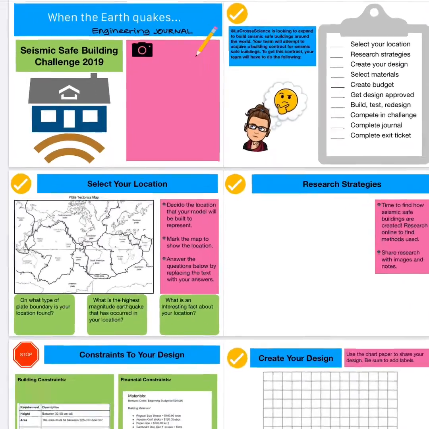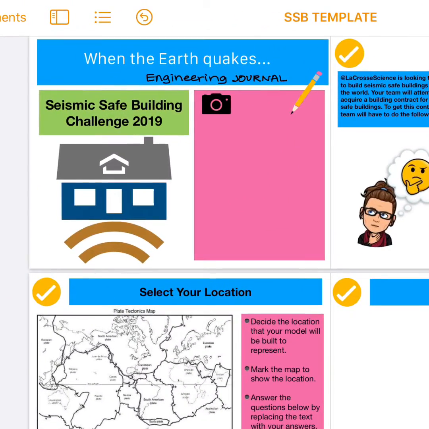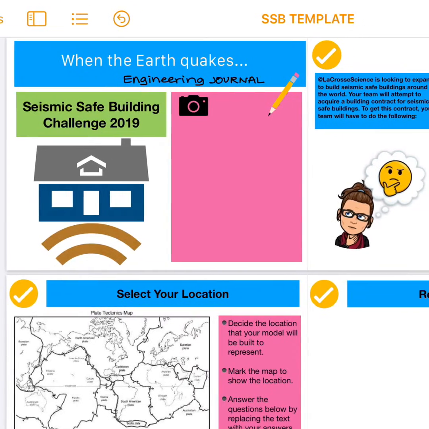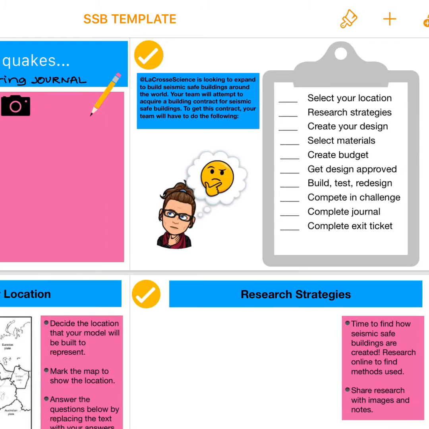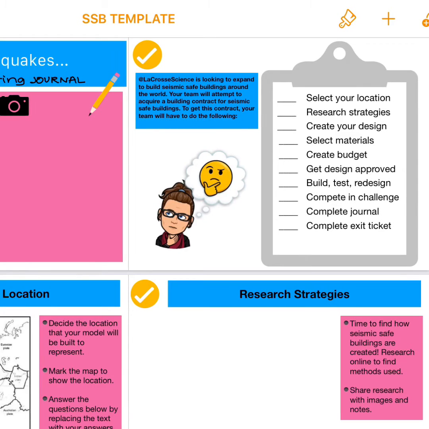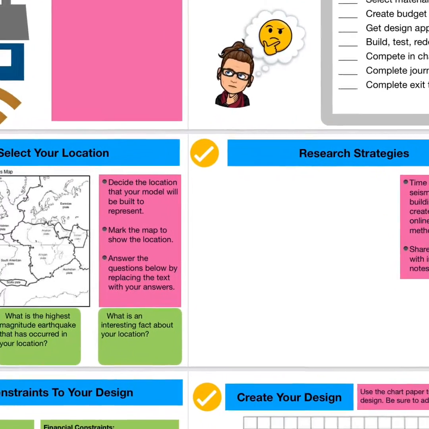This shows the template that students will be working with in the Pages app. They will have to do some research, and they'll have to design their building. This requires them to have a budget and select materials that will fit within that budget.